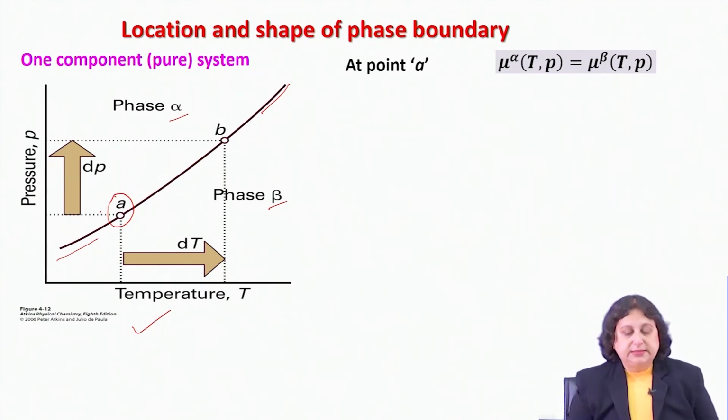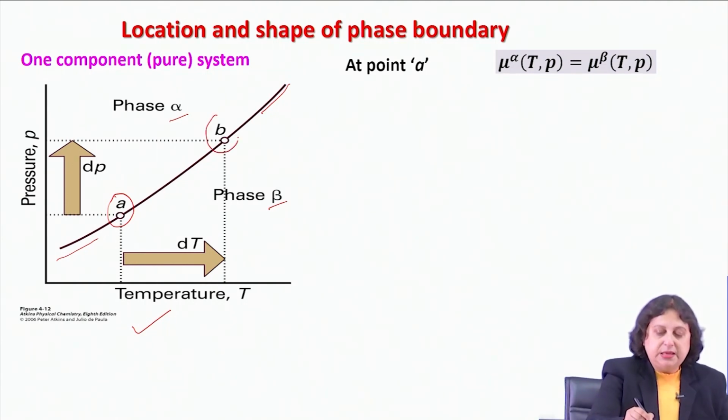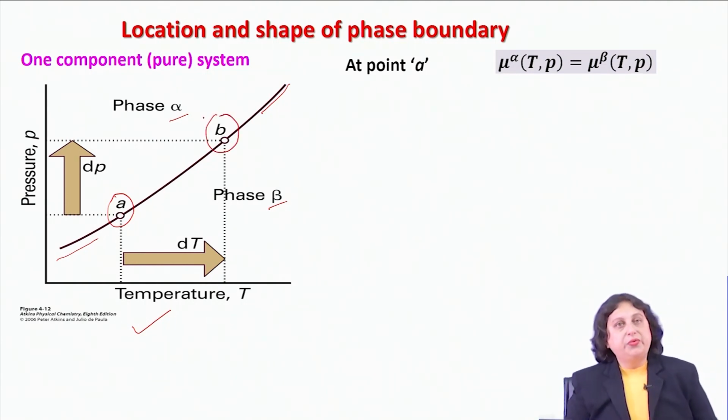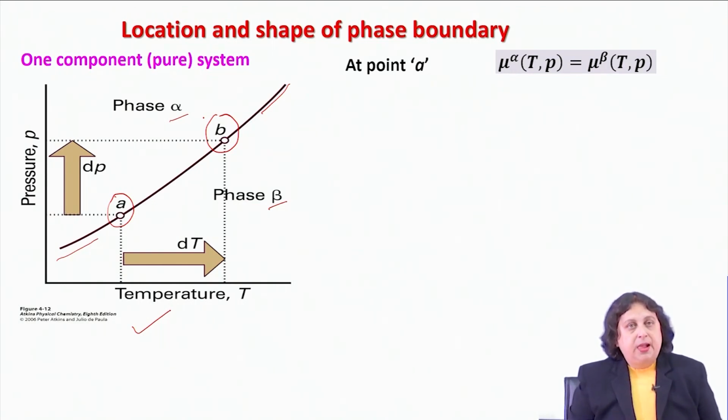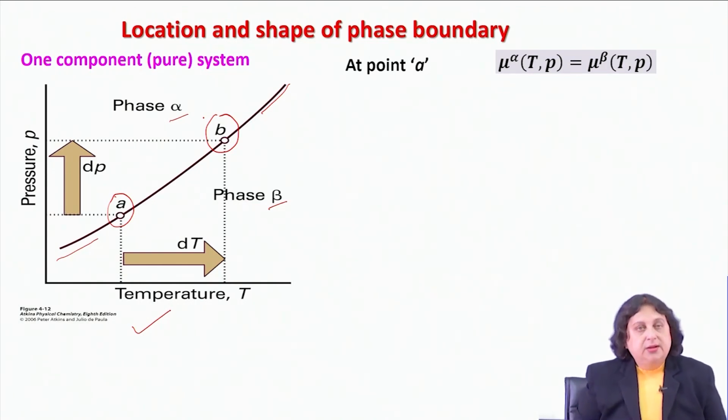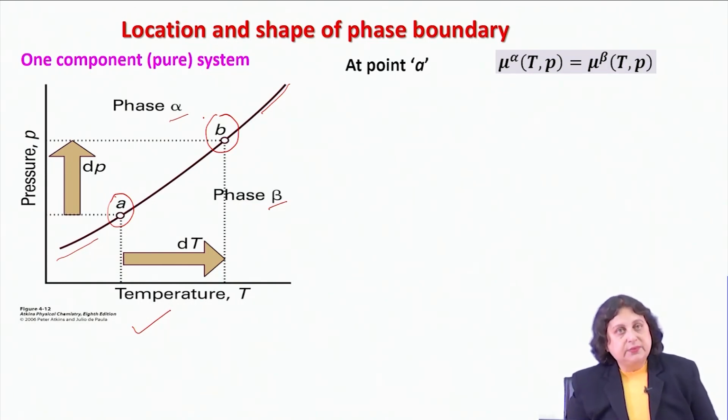Now, if I look at the other point B, as marked on the phase coexistence line or the phase boundary, I understand that once again the system will have two phases, alpha and beta, in equilibrium with each other.